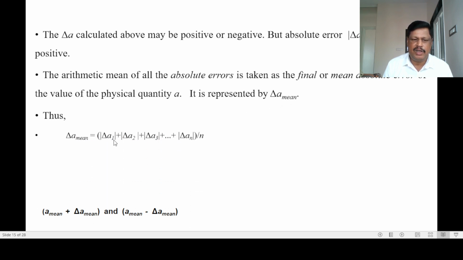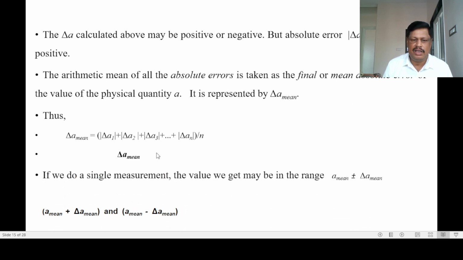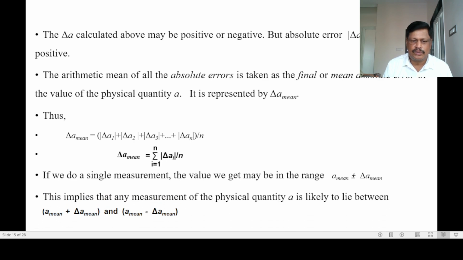Thus, delta A mean is equal to modulus of delta A1 plus delta A2 plus delta A3 plus, etc., plus delta AN, divided by N. That is, delta A mean is equal to the sum from i equals 1 to N of modulus of delta A, upon N. This is called the final or mean absolute error of the value of a physical quantity A.